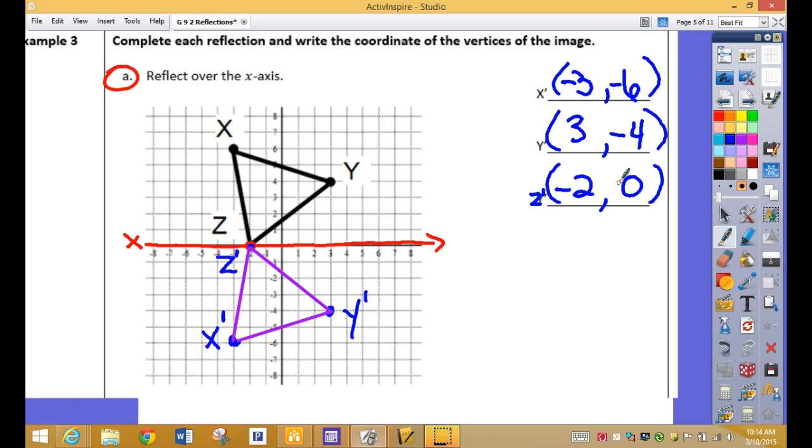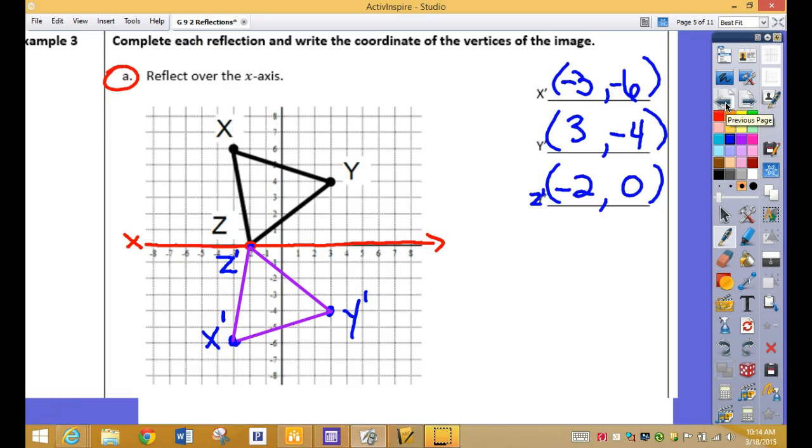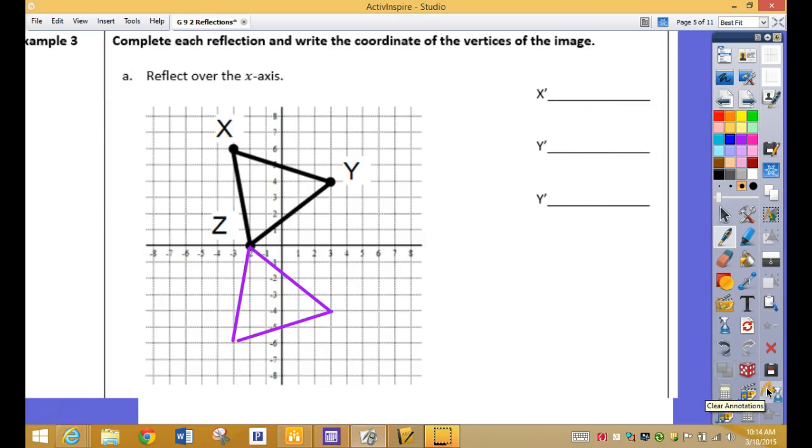Now, let's see. There's one in your homework today. We don't have one in our notes like that.